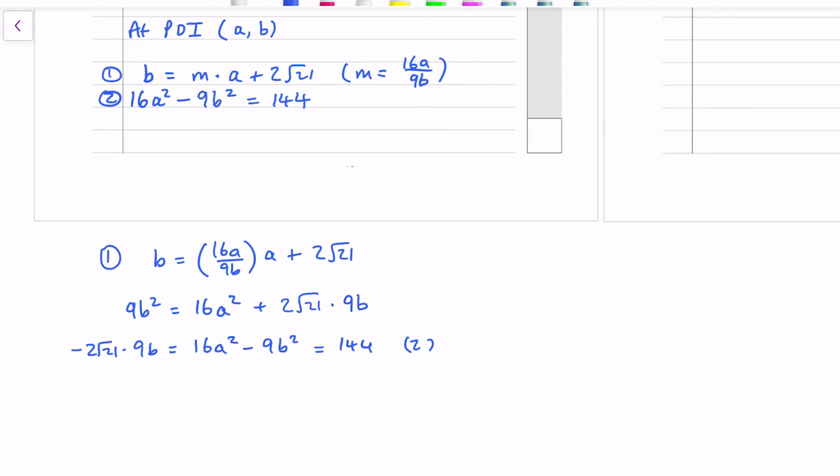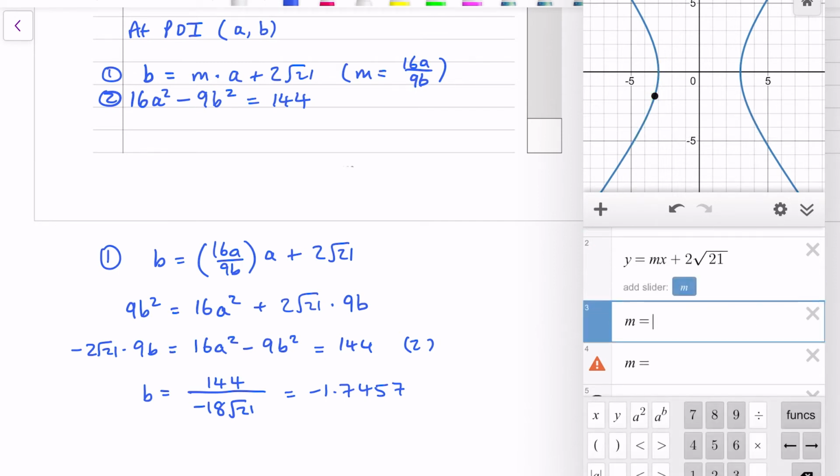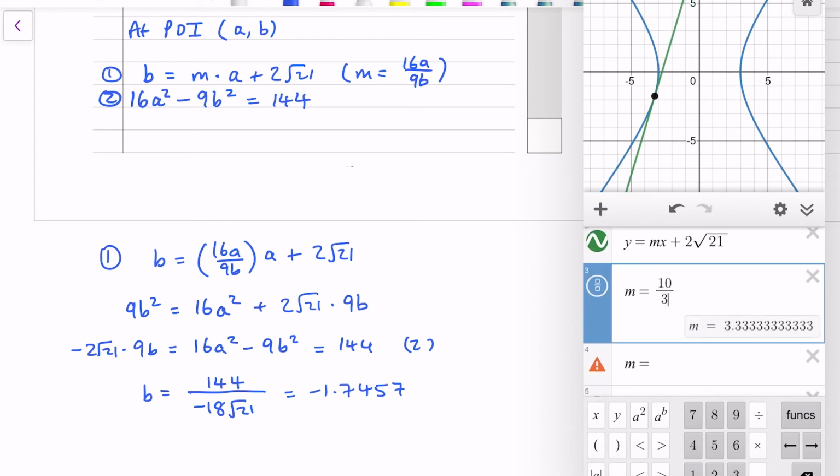And then dividing, we get b is equal to 144 over 9 minus 18 root 21. And it comes out to be negative 1.7457 to 4 dp. Let's have a look at the Desmos graph. That is the y value of the point of intersection when the line is a tangent. So make it back to 10/3. There we go.